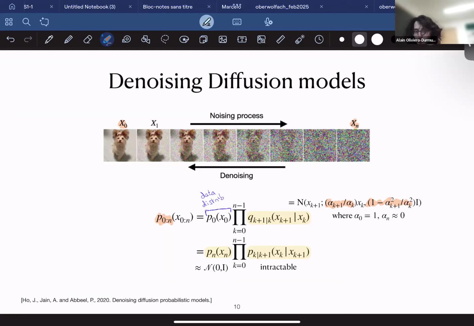But if I want to define a generative model, I would like to go the other way around, from xn to x0.